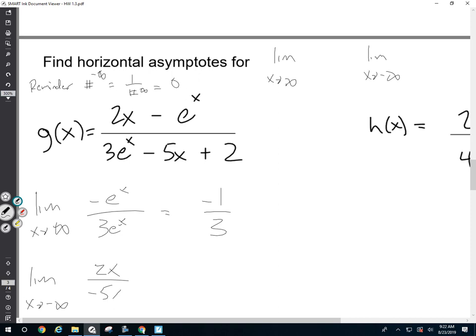Negative 5x wins. The answer is negative 2/5. Because in the negative direction, e to the x doesn't grow. It approaches 0. So it would be like 2x plus or minus 0. 0 minus 5x. Okay?